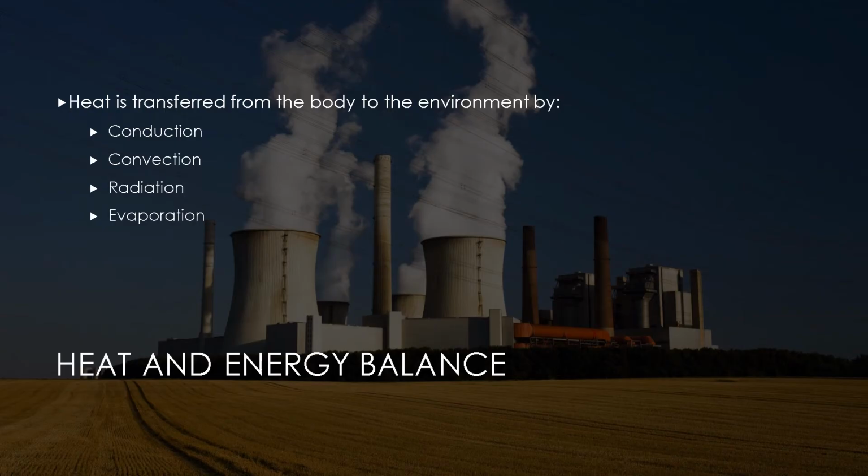Now we will just quickly go over methods of heat transfer. Maintaining normal body temperature depends on the ability to lose heat to the environment at the same rate that it's produced by metabolic reactions inside your body. Now there are 4 ways that heat can be transferred from the body to its surroundings.